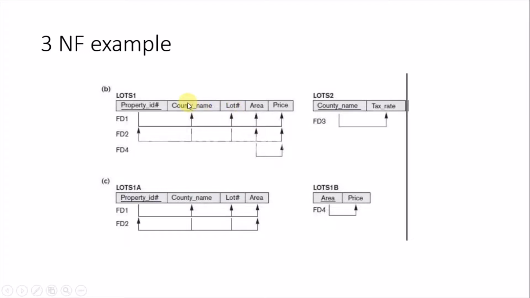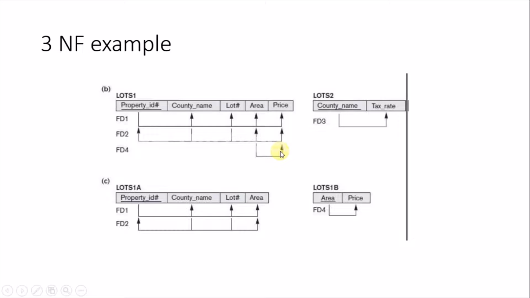But when you consider FD4, from area to price, X is area and A is price, and X is neither a super key nor is price a prime attribute. That is actually a violation of the 3NF condition.